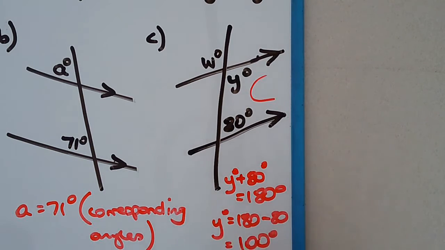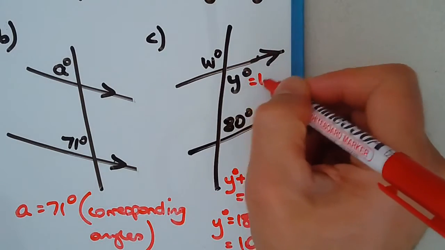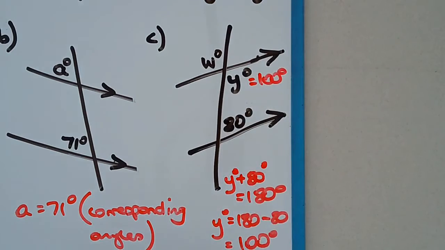And the reason for that is co-interior angles. So y is equal to 100 degrees.